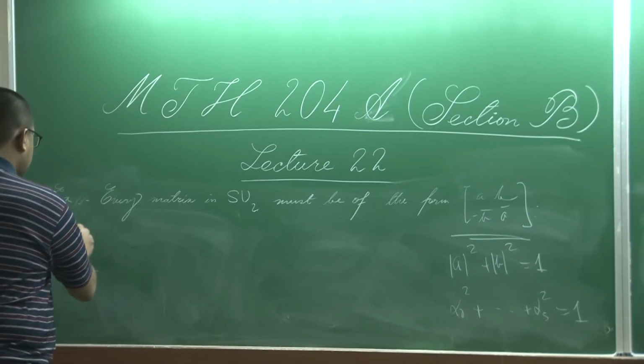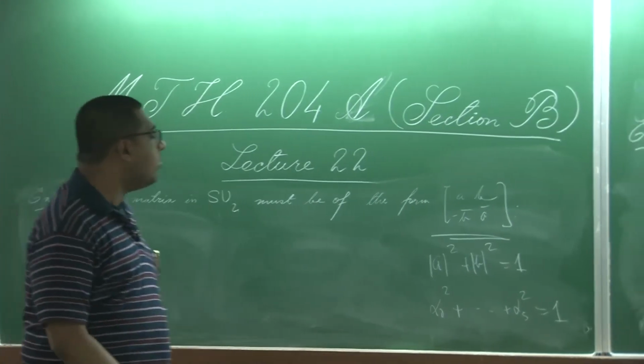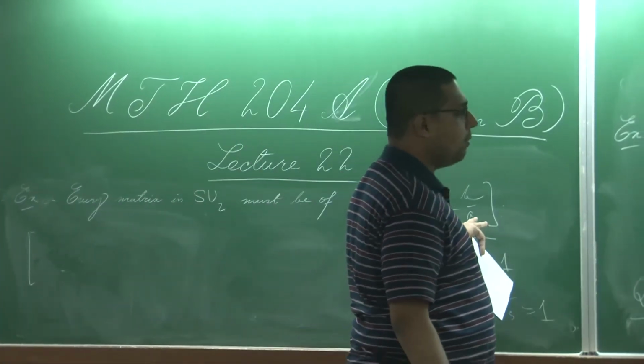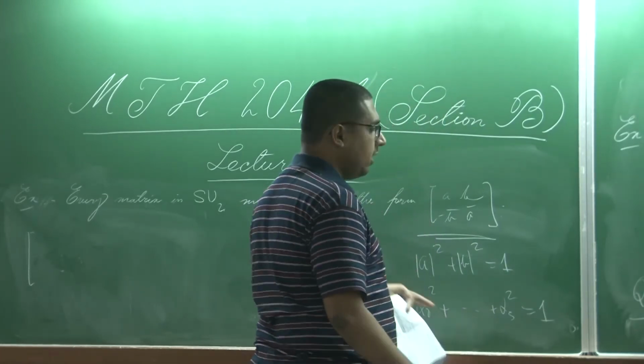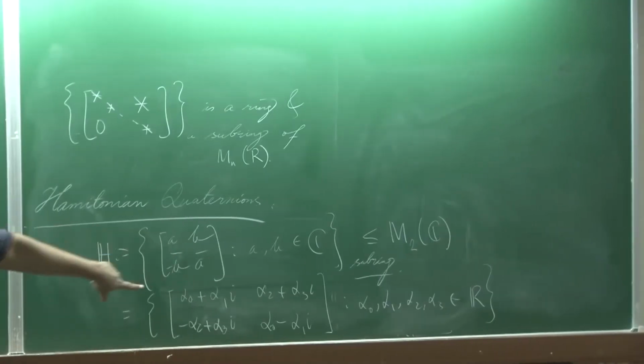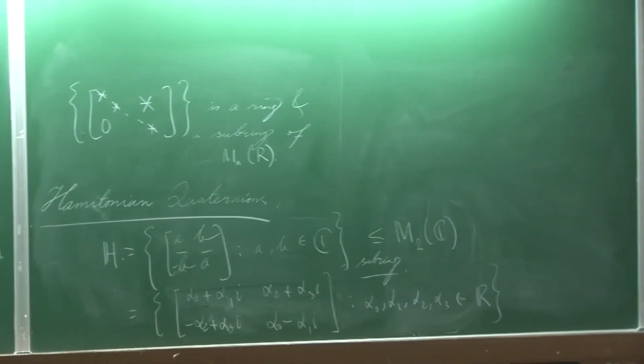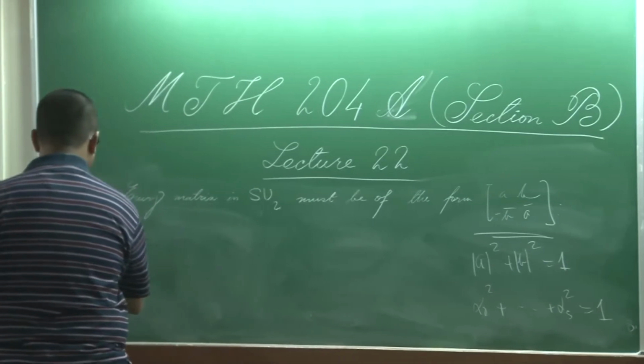So what we will do now is consider a matrix in SU2, which we write in this way. So how do I write it?